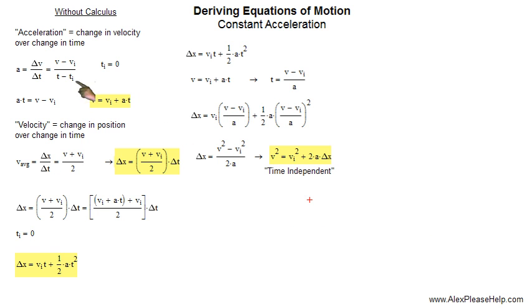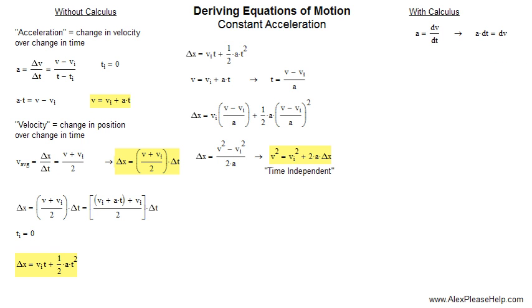These are the 4 major equations that are used in kinematics. And I derived them without calculus. It's possible to do it with calculus, and I'm going to show you that now. Acceleration is defined as the derivative of velocity with respect to time. Rewriting this, you can get a dt equals dv.